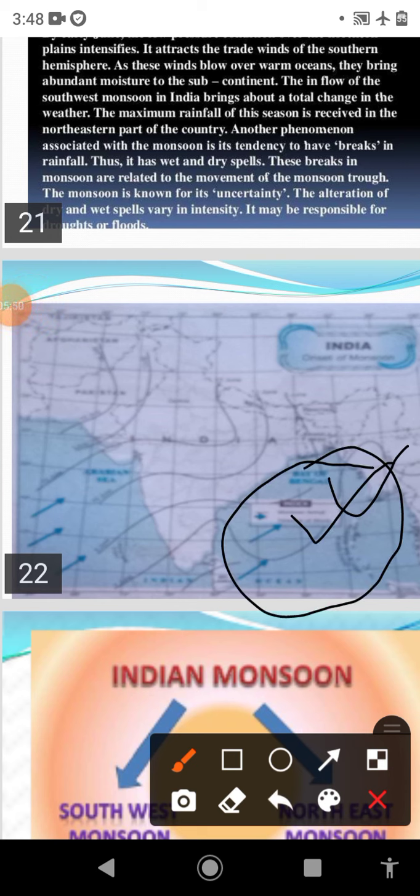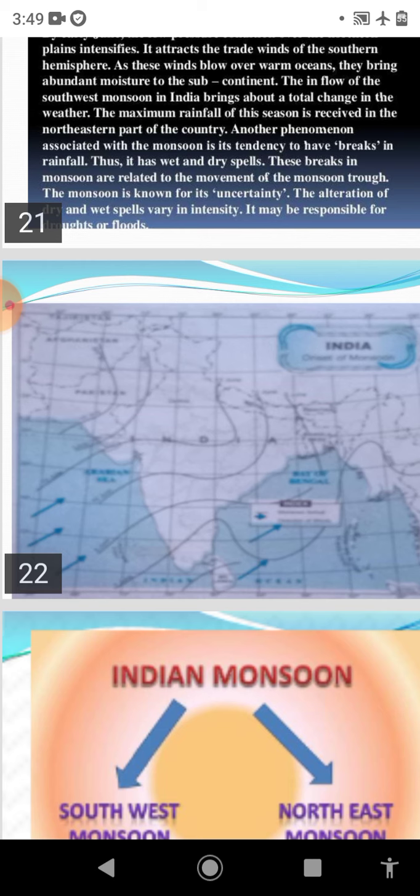So, with regard to the Bay of Bengal branch, this branch is originally directed towards the coast of Myanmar and part of southeast Bangladesh. But the Arakan Yoma range along the coast of Myanmar is good enough to deflect a big chunk of this branch, enabling it to enter the Indian subcontinent.